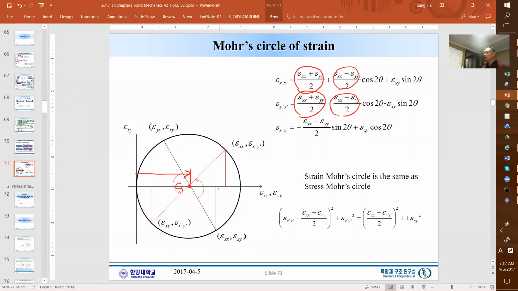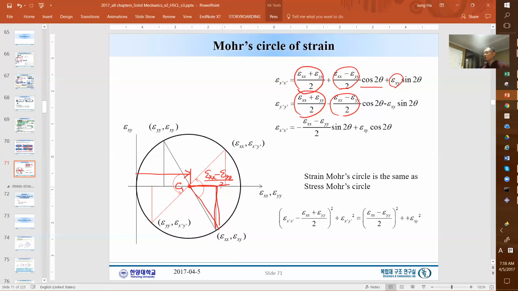If we look at this triangle, and this one, what is this? Well, this one is epsilon xx minus epsilon yy divided by 2. So that is this term. Now there we notice that we multiply by cosine 2 times theta and epsilon xy.